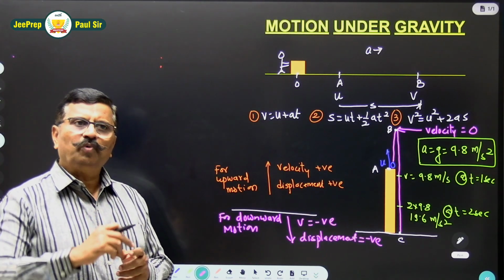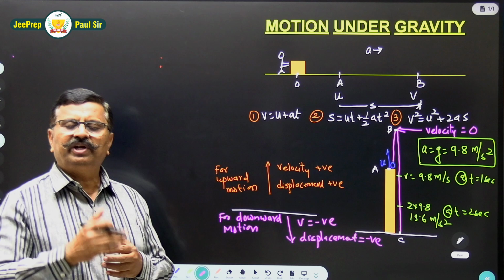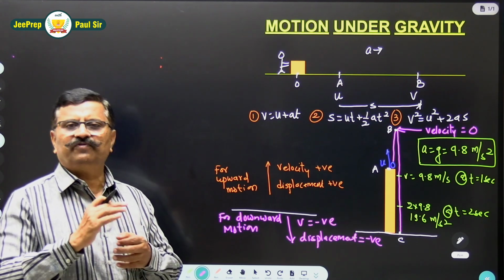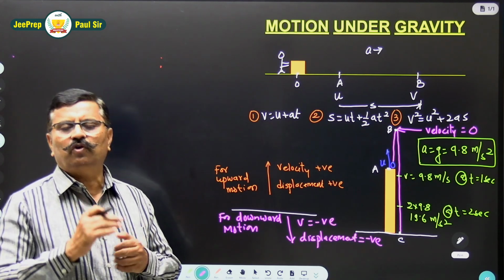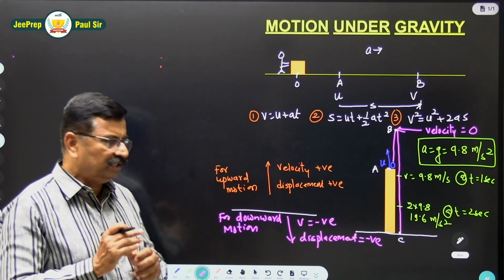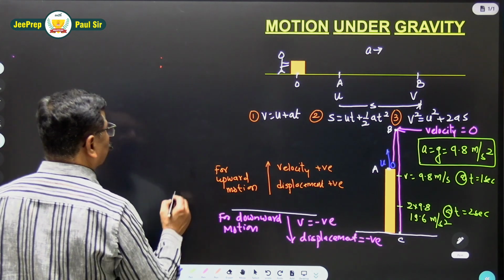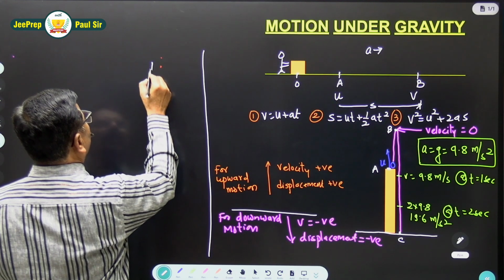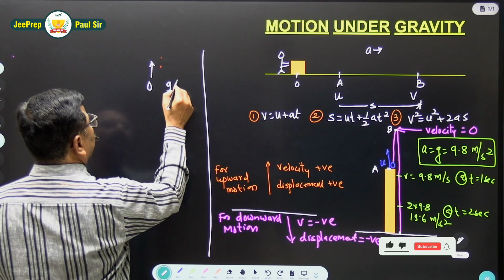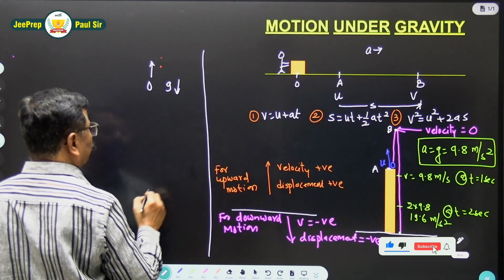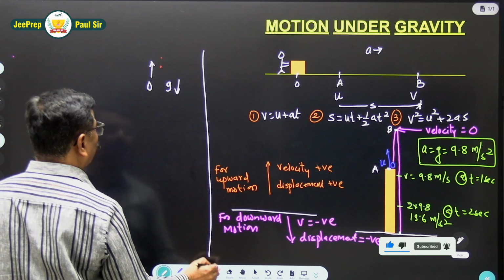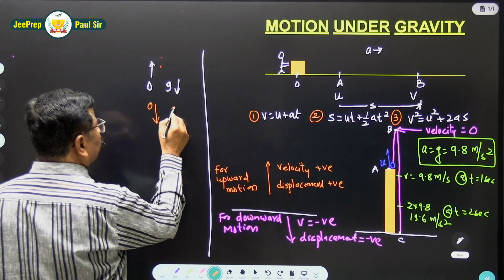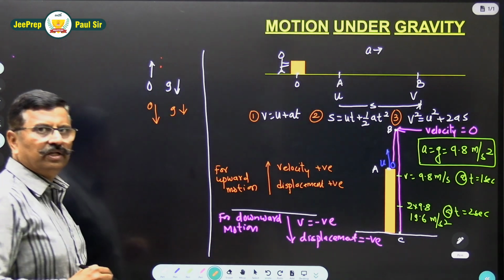When you throw an object in the upward direction, the gravity force is in the downward direction. Or even if the body is released from a certain height, that time also gravity force is always in the downward direction. Means when the object is being thrown up, G is in the downward direction only, and when the object is released from a certain height, that time also G is in the downward direction.